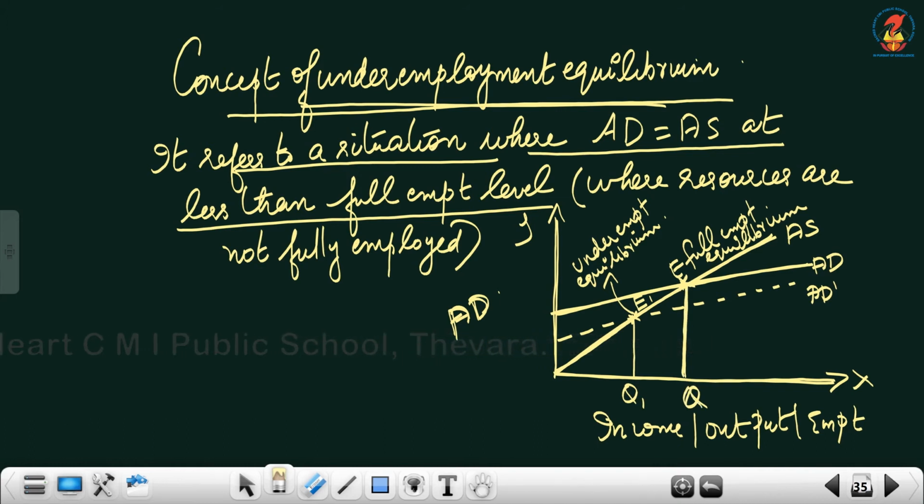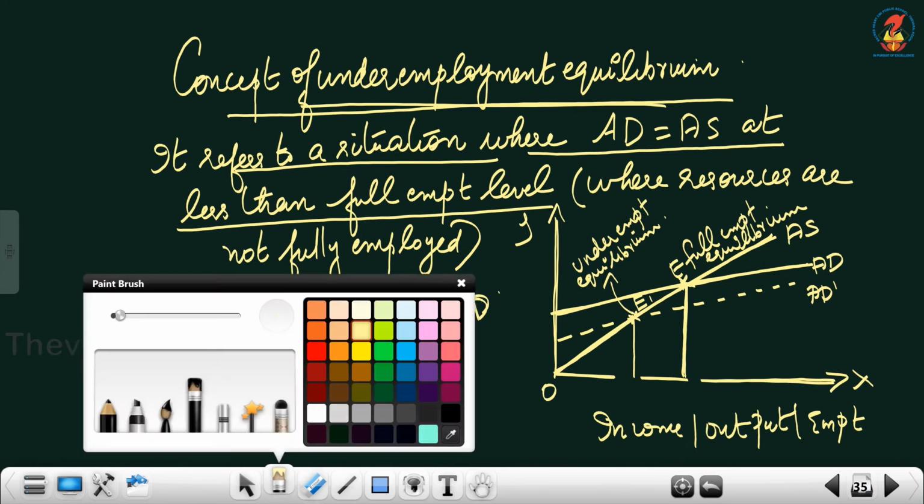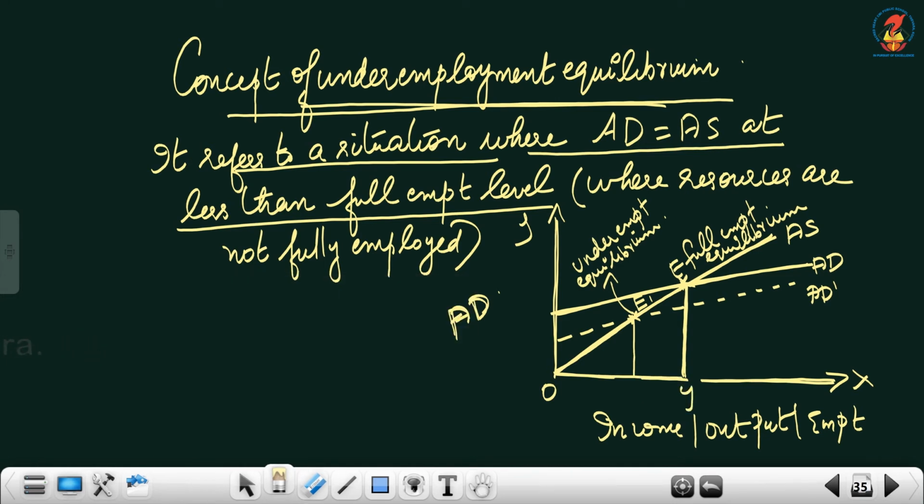Instead of Y, I have used the letter Q. That doesn't matter, any letter you can use, but let us use Y and Y1 to avoid confusion. This is the level of income, OY. So, this is the full employment level of income, where full employment equilibrium has happened, where AD is equal to AS.